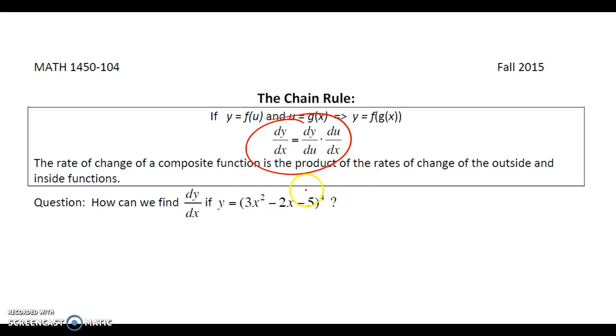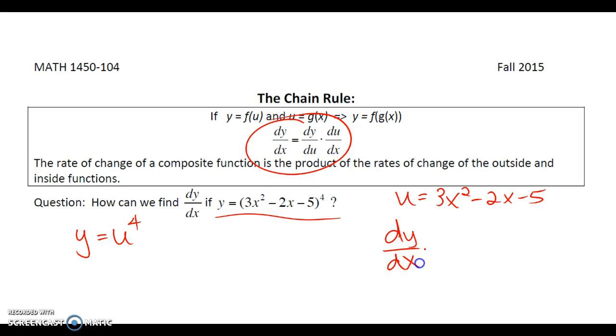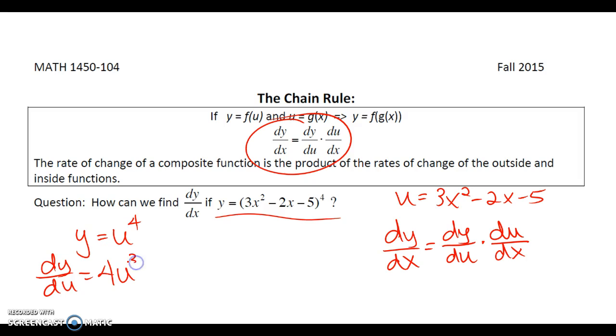So if I try to take the derivative of this here, if I want, I could say that u equals 3x squared minus 2x minus 5. Therefore, y could be written as u to the fourth. So I would find dy dx by finding dy with respect to u, and then du with respect to x. All right? So dy du equals 4u to the third, doesn't it?